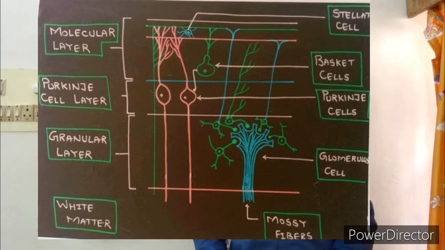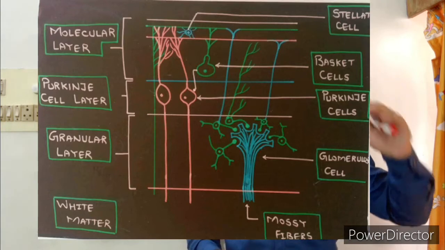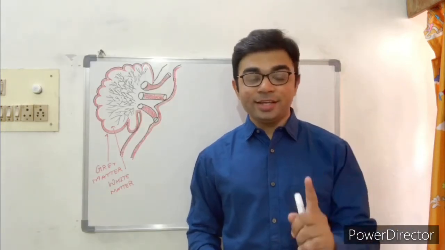Purkinje cells are the main important cells present in the grey matter of the cerebellum, and the innermost layer contains the granule cells. All of these cells are arranged in layers only in the grey matter.